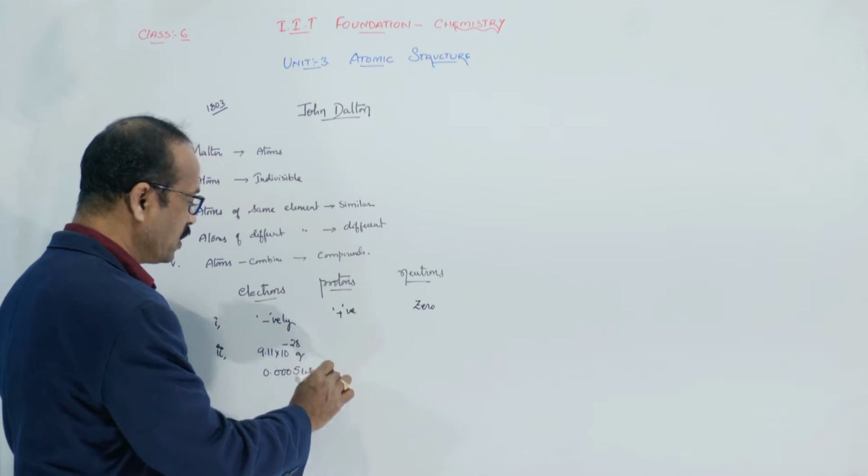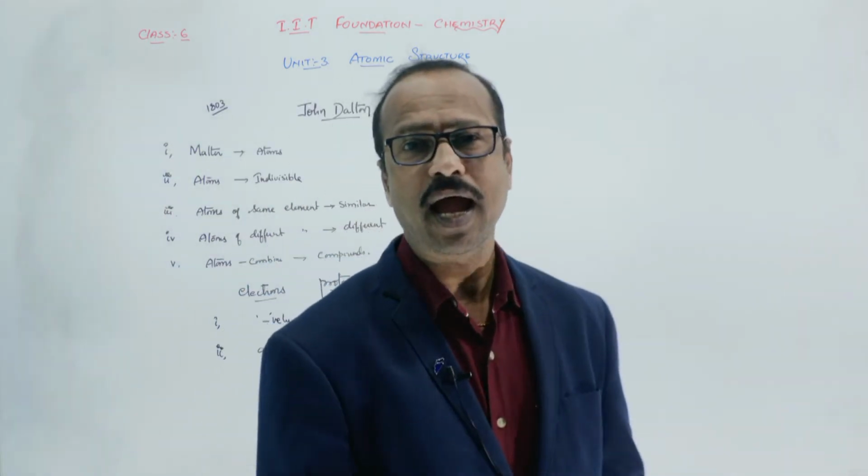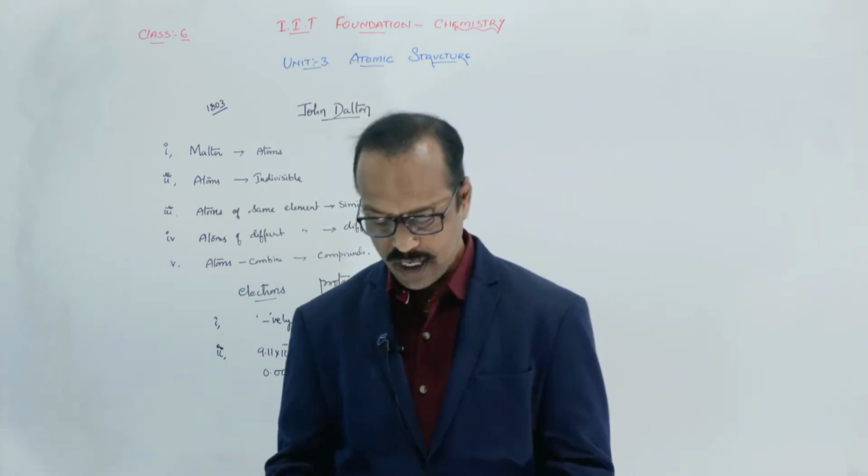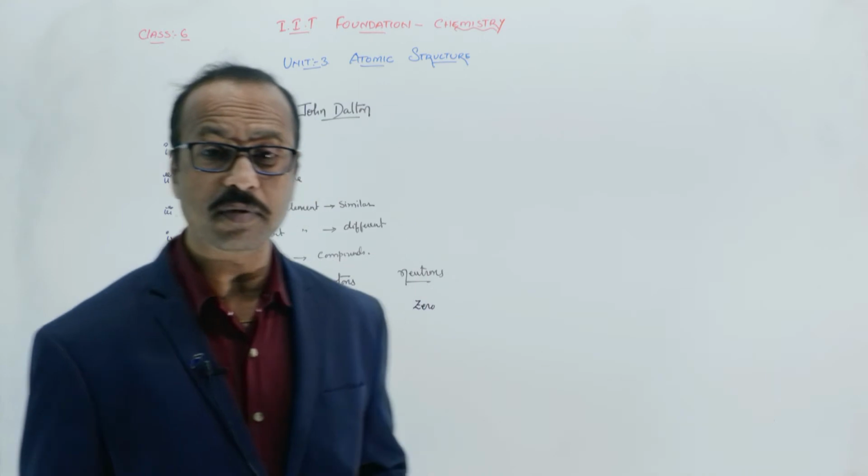AMU stands for atomic mass unit. That is the mass of the electron.